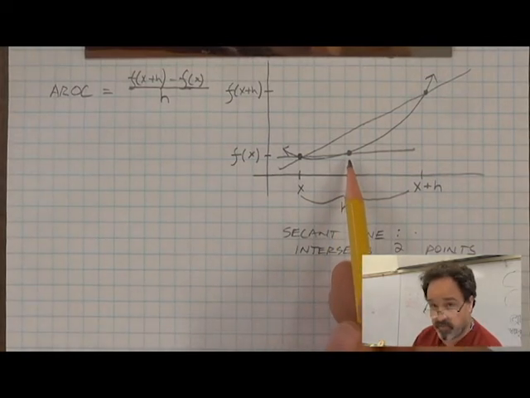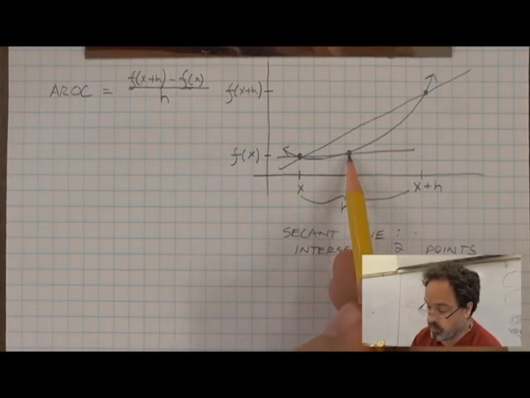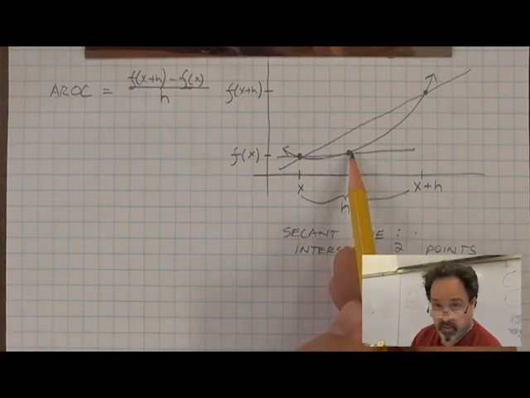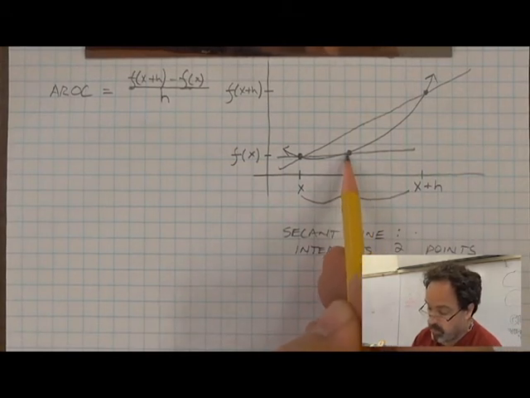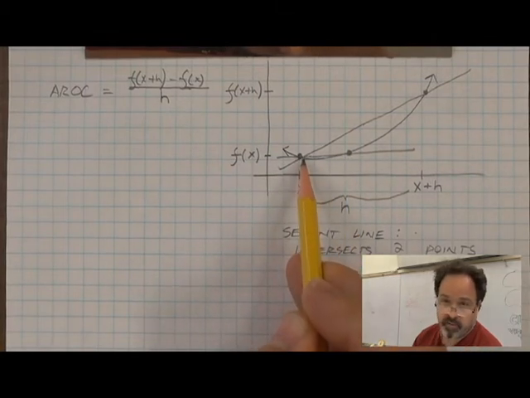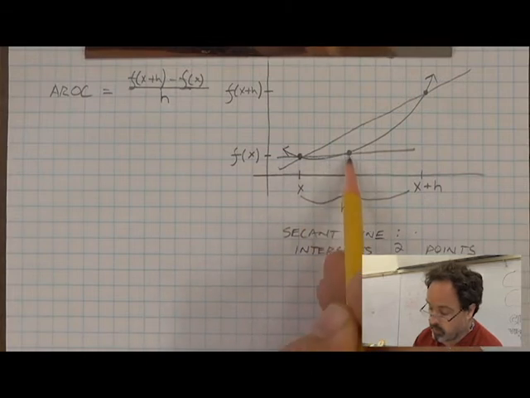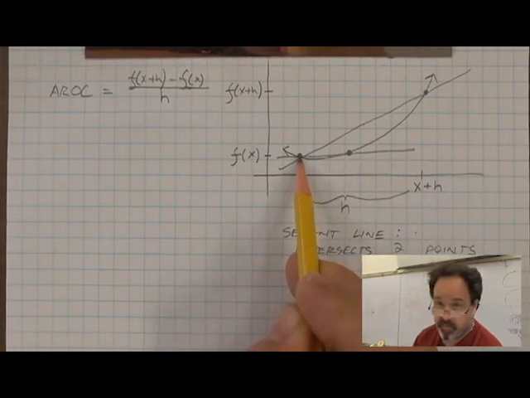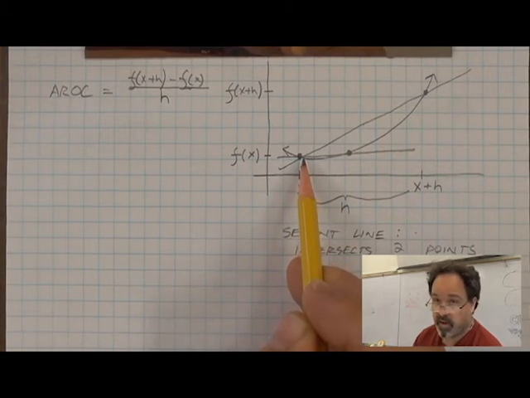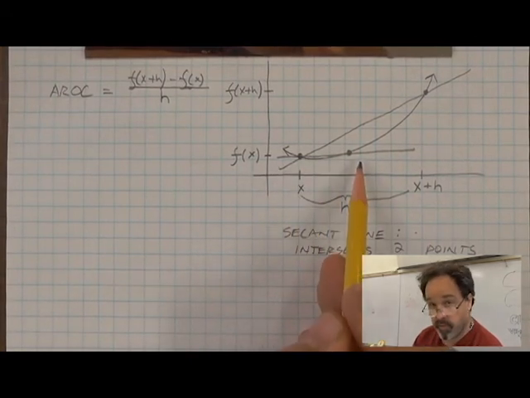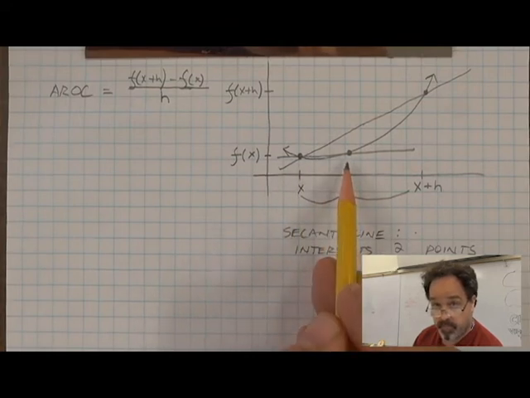But what if I exaggerated that and moved this second point all the way to the location of my starting point at x? If we slide this second point so that it is on top of x, we no longer have a secant line because there's no 2 different points to draw a line between.